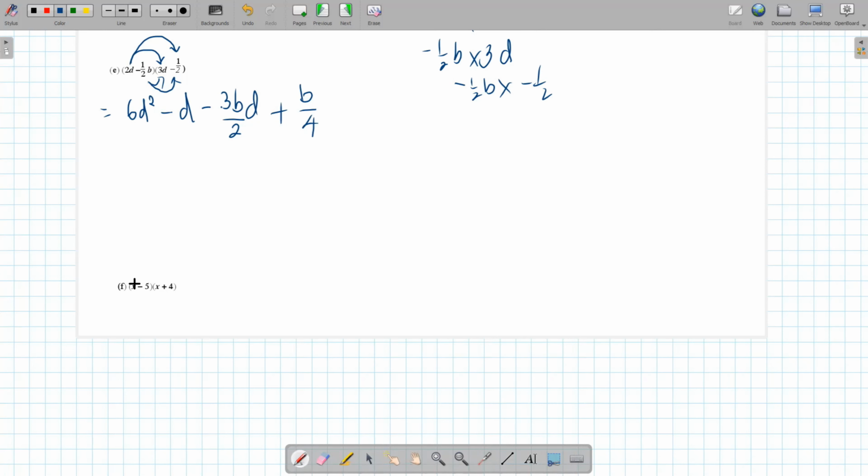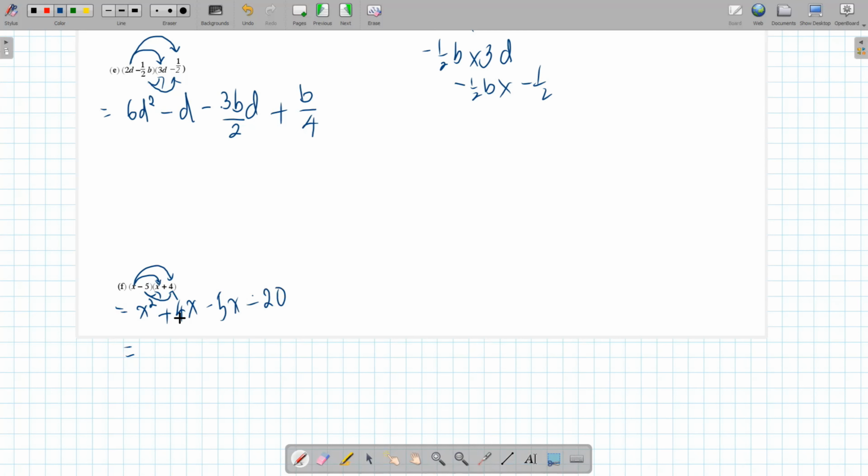Also the same, we do expansions. x times x, we get x squared. We repeat the same thing. x times positive 4, we get positive 4x. Then negative 5 times x, we get negative 5x. Negative 5 times 4, we get negative 20.